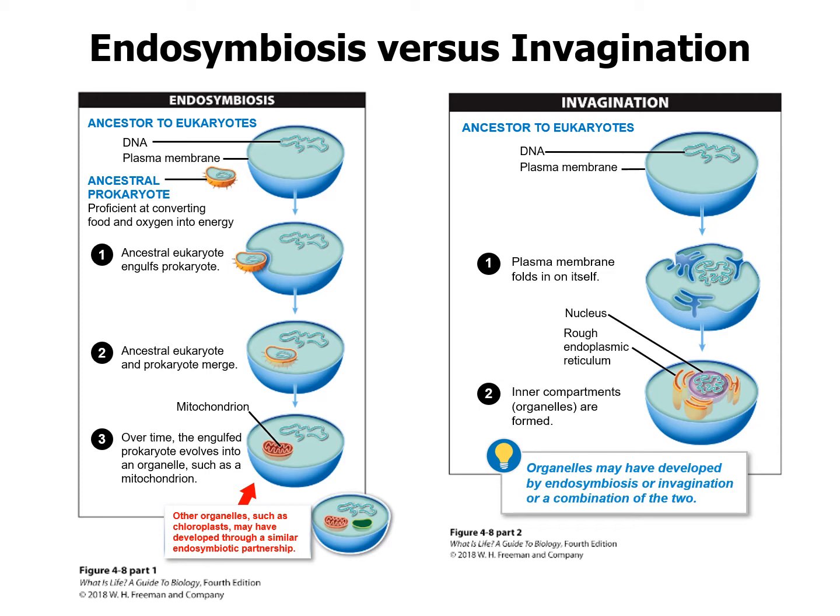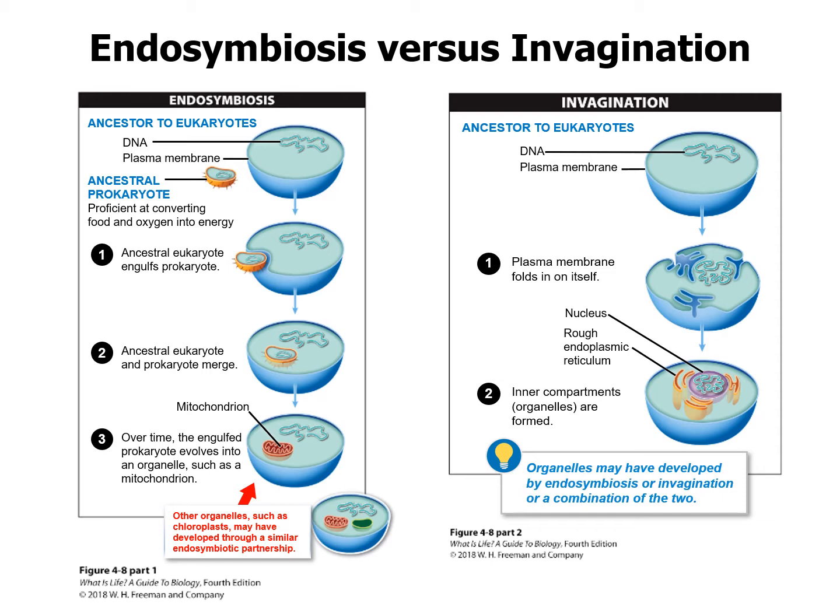You can see on the left that nice little illustration of how an ancestral prokaryote pulled in and created what we now see as a mitochondria in this cell.